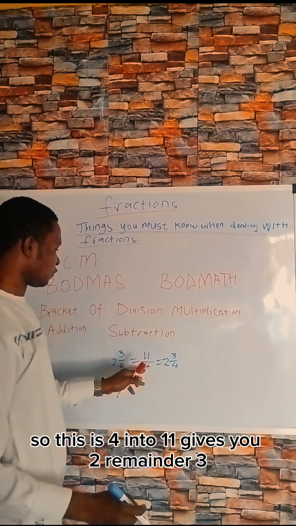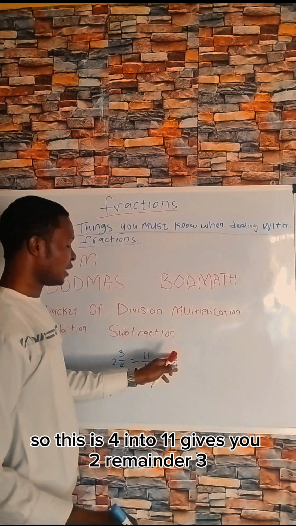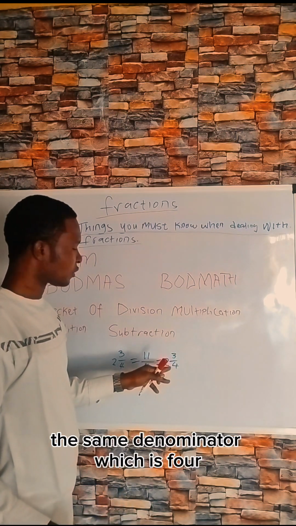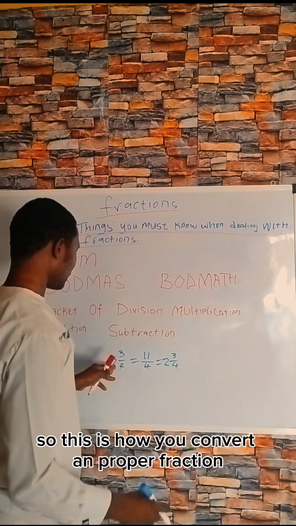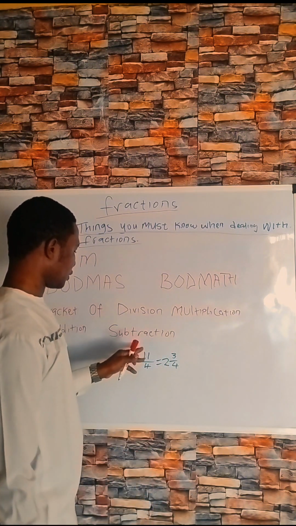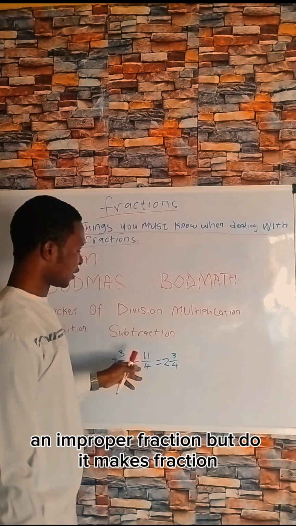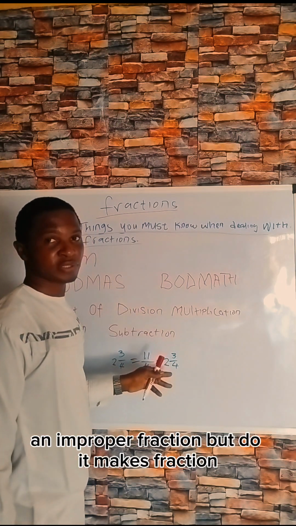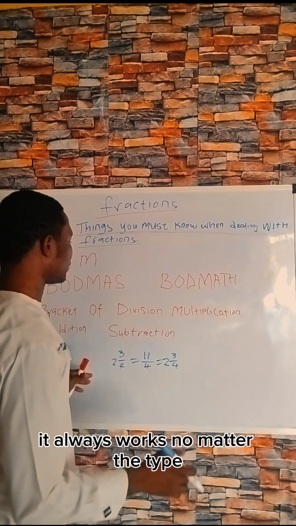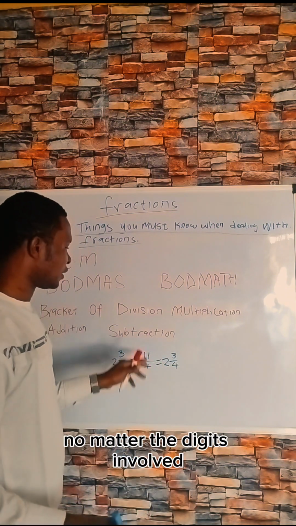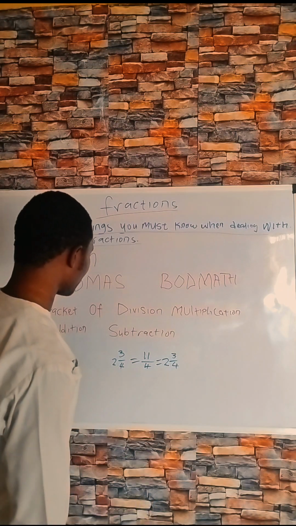So this is how you convert a mixed fraction to an improper fraction, and an improper fraction back to a mixed fraction. It always works, no matter the type, no matter the digits involved. This is a simple thing you have to do to convert them.